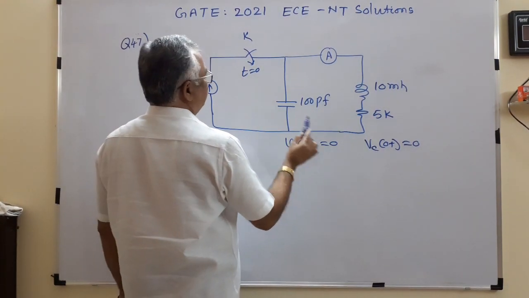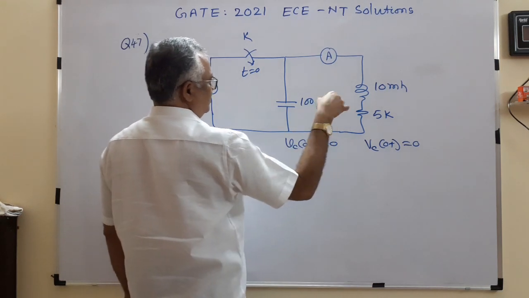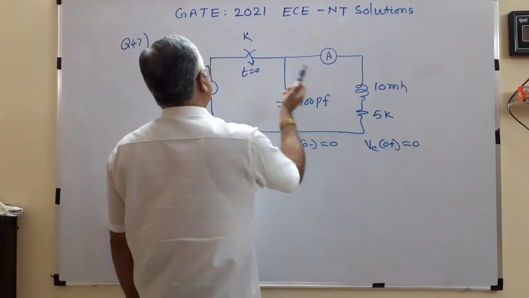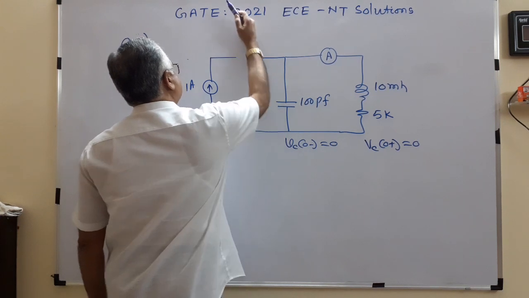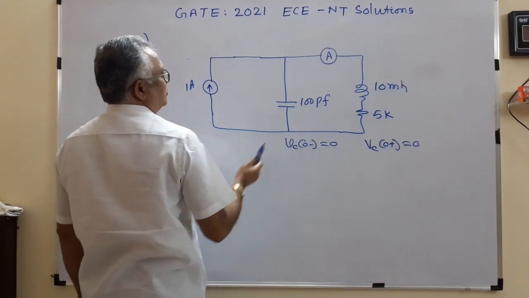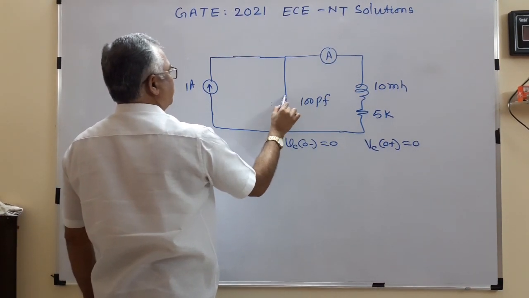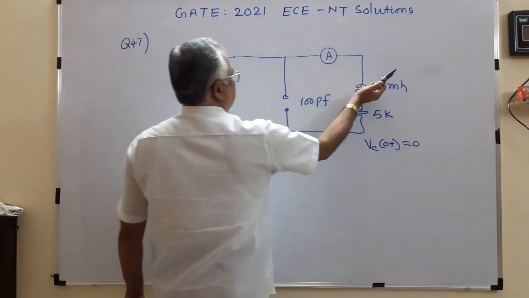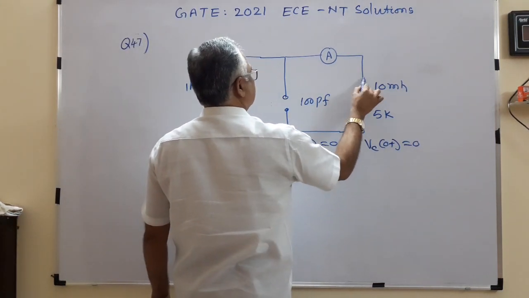So at 0 it is anyway 0, but it is asking at infinity. Steady state means infinite. So in steady state with the switch closed, the capacitor is open and the inductor is short.